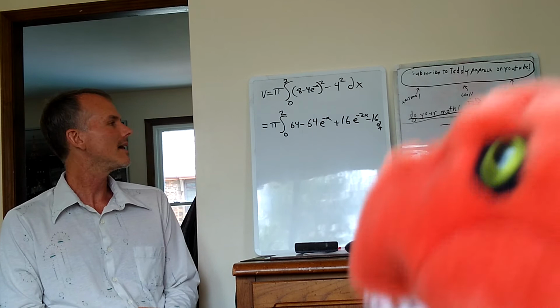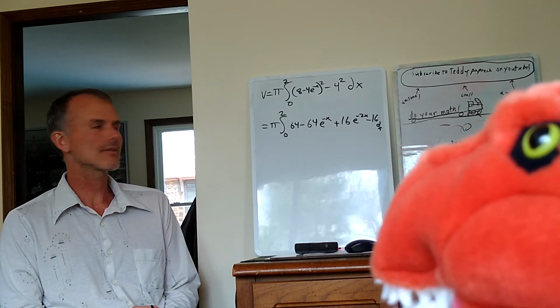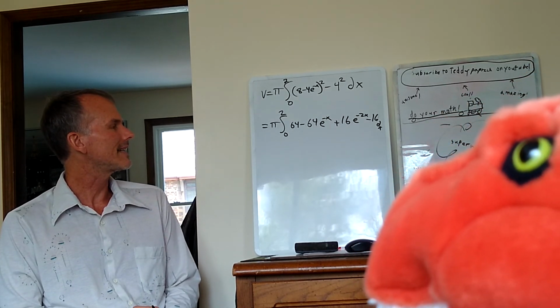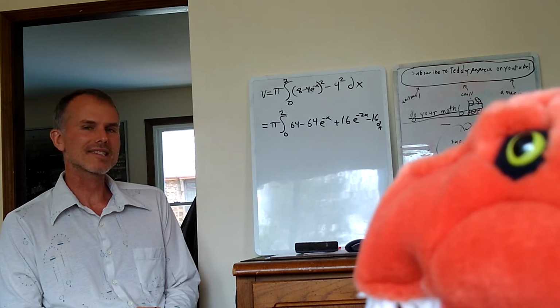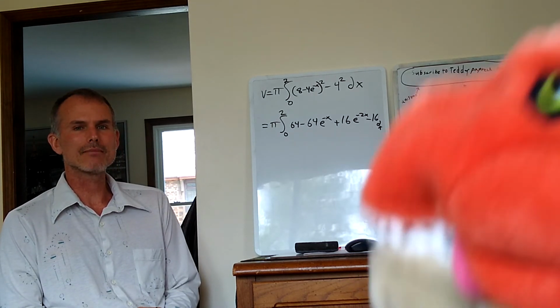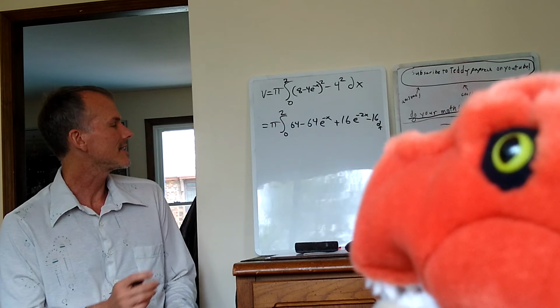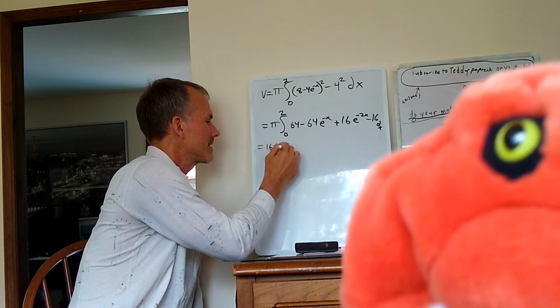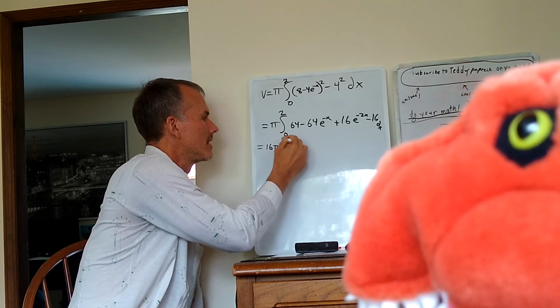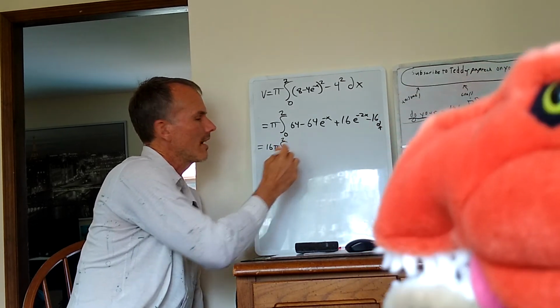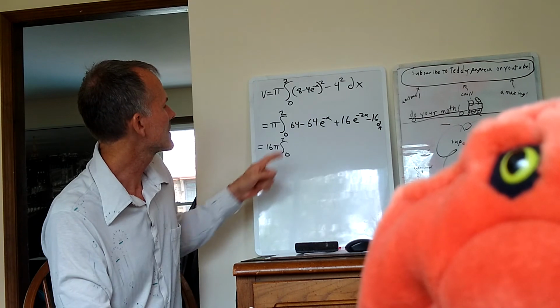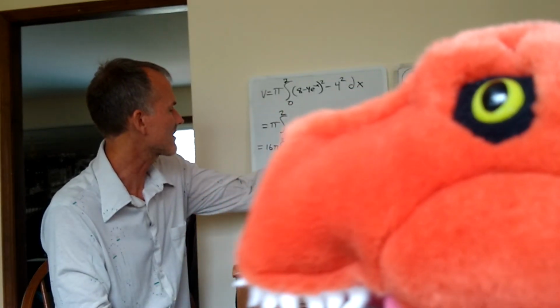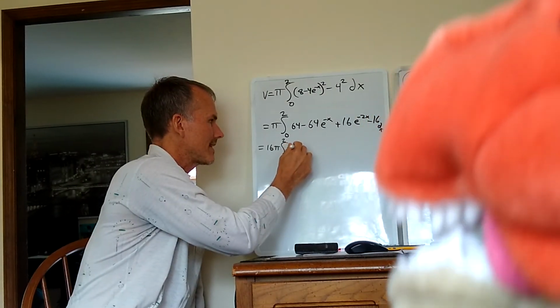Now we can just integrate term by term. One thing I notice is I can at least factor a 16 out of all of those. That'll make my numbers a little easier to deal with. So I'm going to write this as 16 pi times the integral from 0 to 2. 64 minus 16 is going to be 48, and if I factor out a 16, that'll give me a 3.